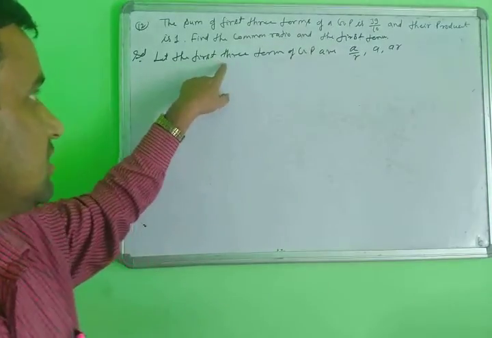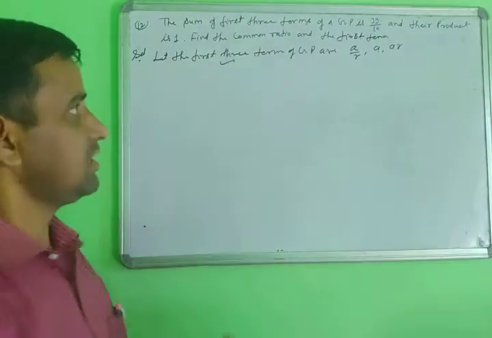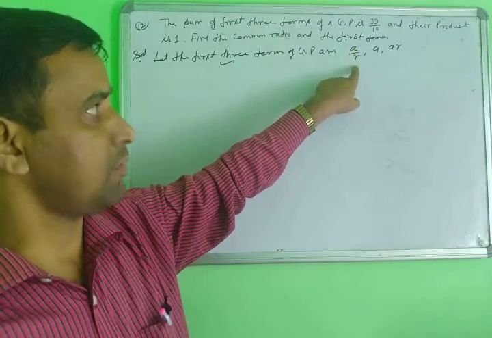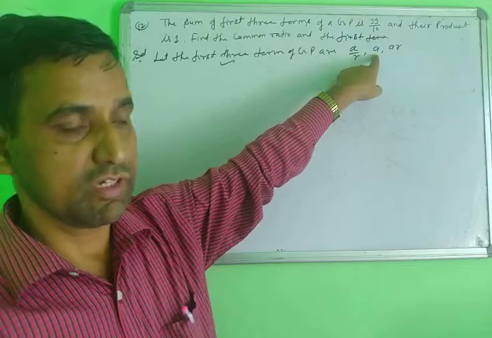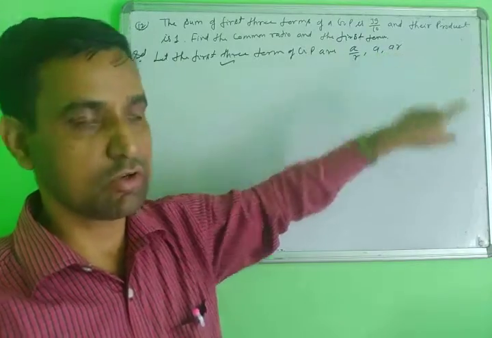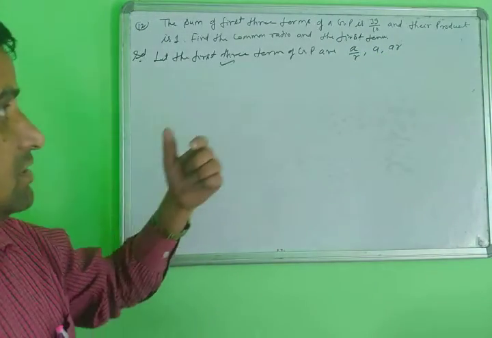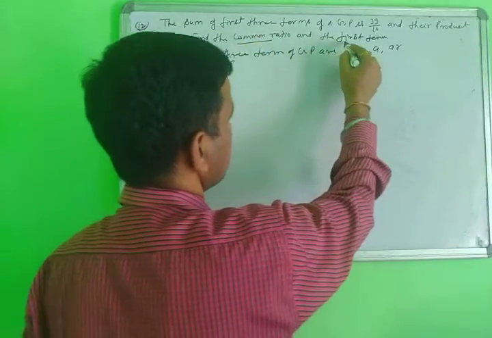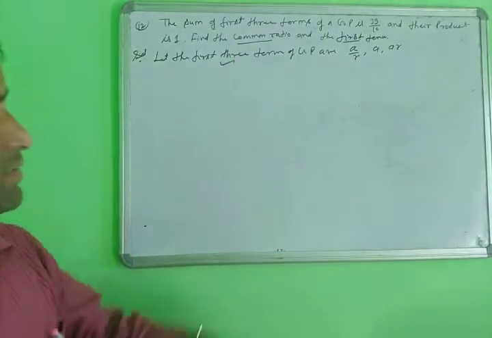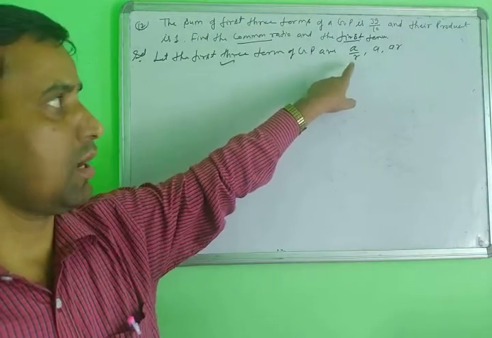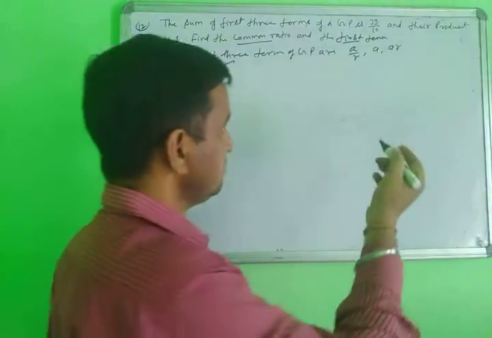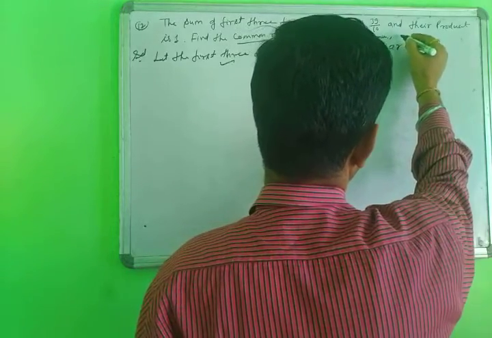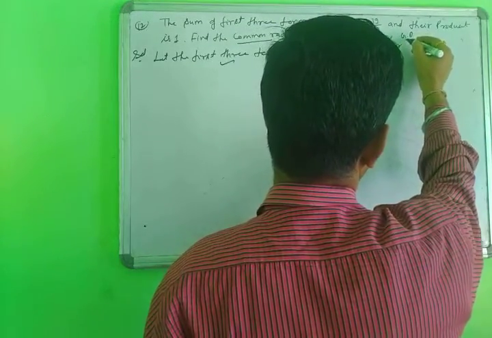When you take three special terms, then you use this way: a upon r, the first term upon common ratio, the first term, and the product of the first term and common ratio. And the same answer you will find here. The common ratio you will find here and the first term a you will find here. Means you will find the value of a upon r and the three terms, and the GP you will find here also.